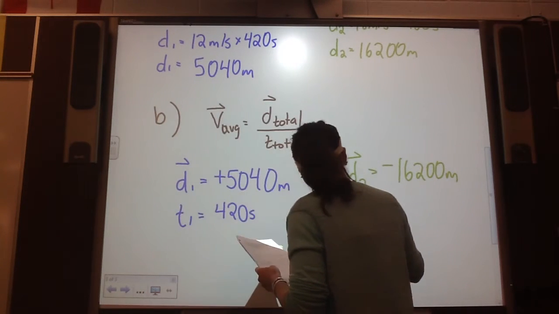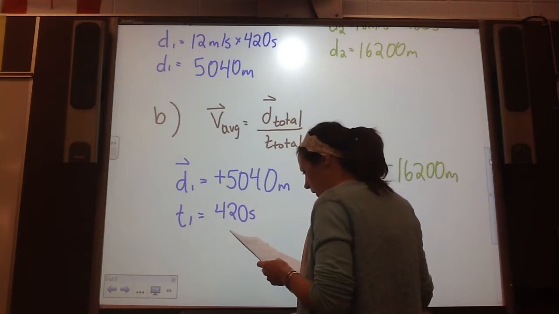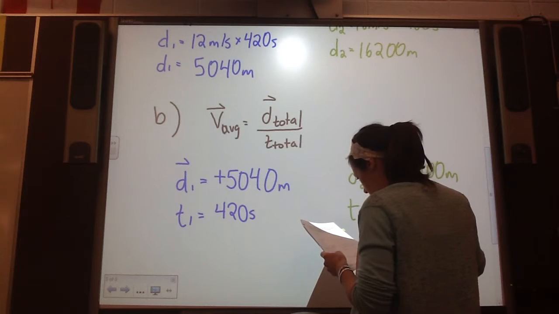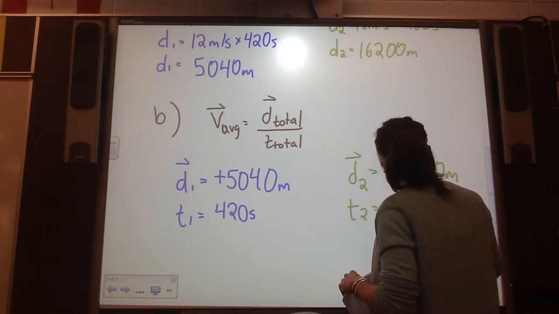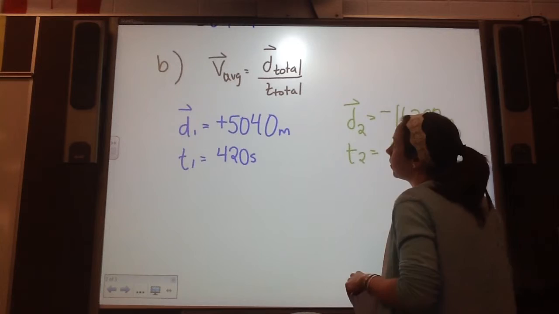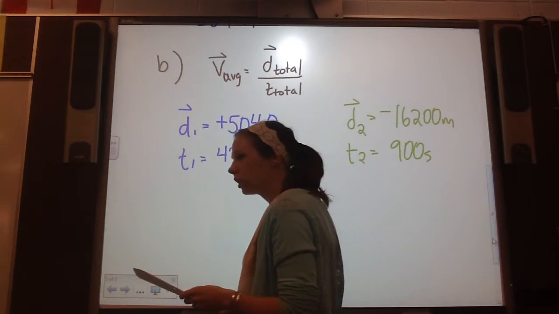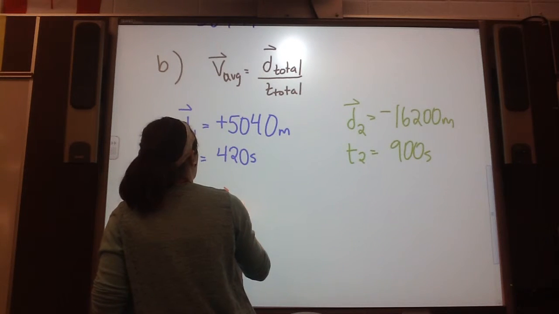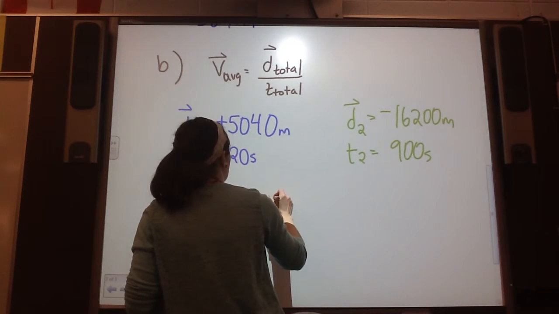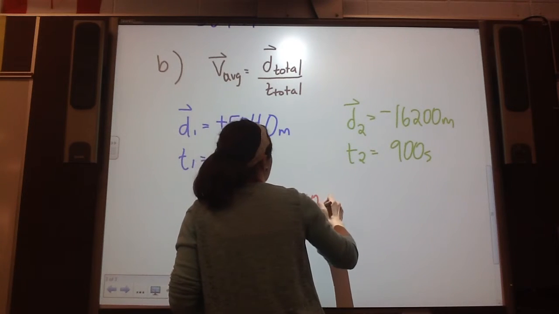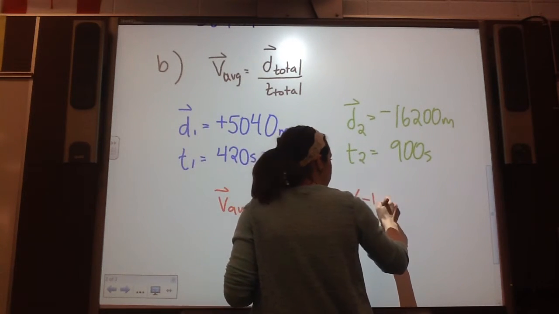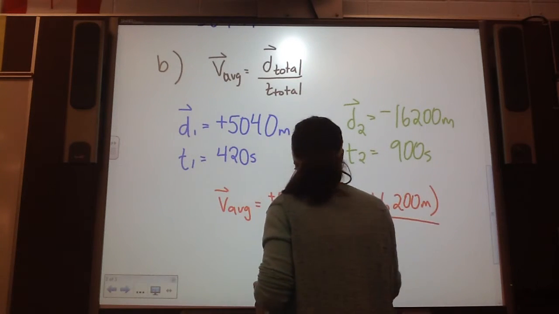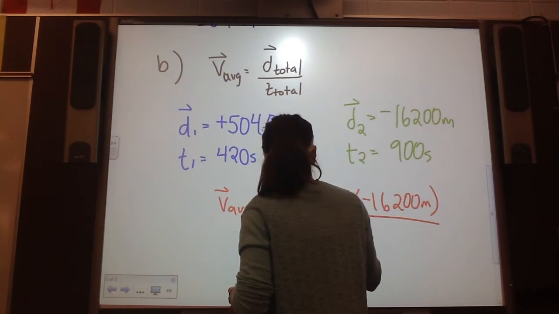We will not talk about time being anything but scalar until physics 30. And then time gets weird. Okay, 900 seconds. So now we can put this information into our formula. A little bit less work than the first time, because we can use what was already done. So positive 5040 meters plus a negative 16200 meters, divided by our times put together.